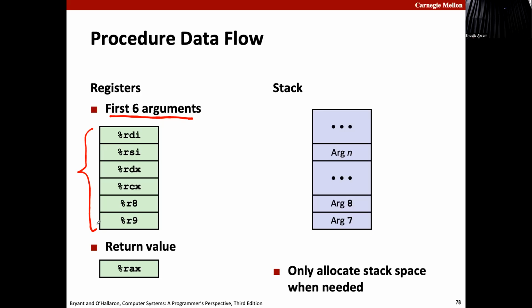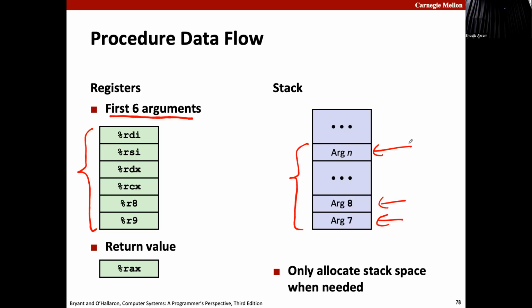So if you look at the stack, it's right here in front of you. Argument 7, argument 8, and you can provide as many arguments as you want, and the callee will retrieve the first 6 arguments from the registers according to the convention, and the remaining arguments, it will look for them in the callee's stack frame.